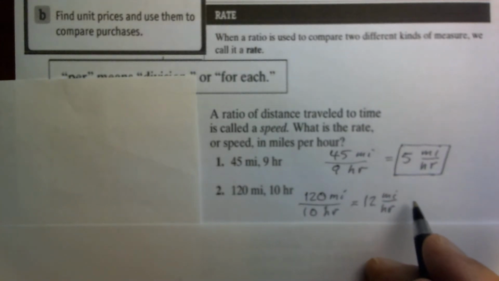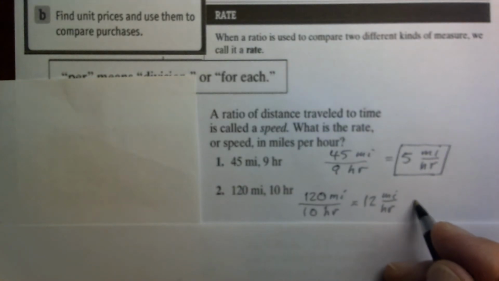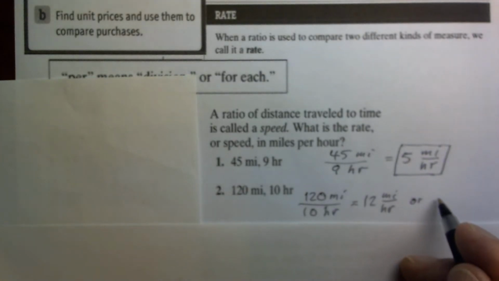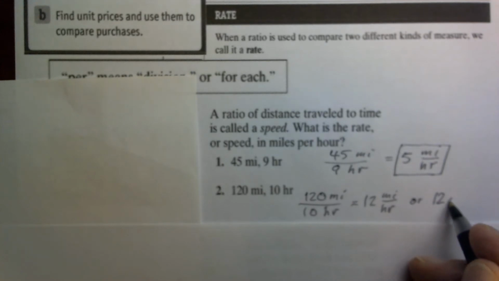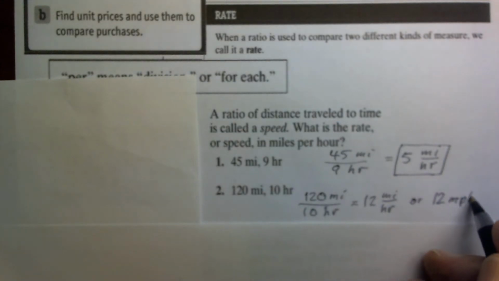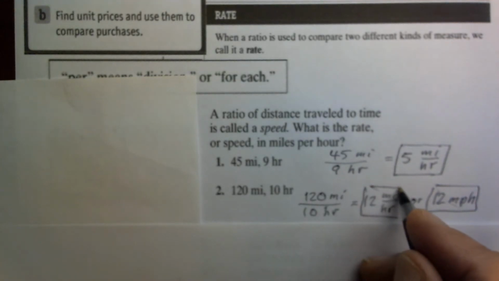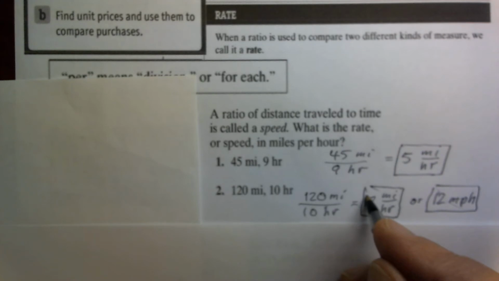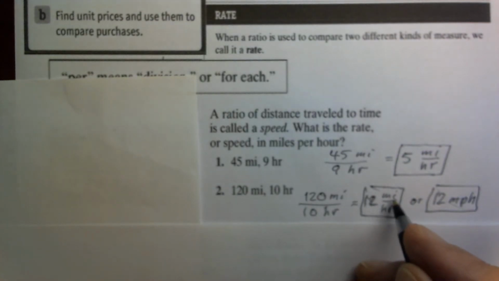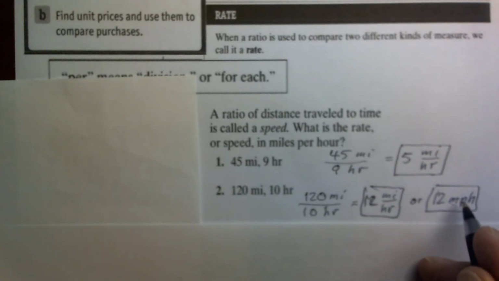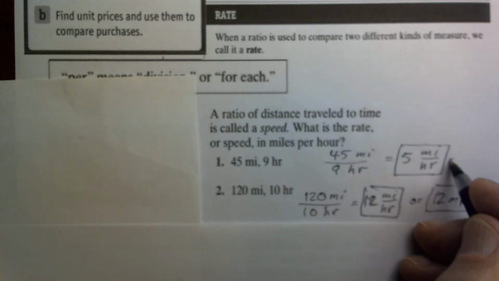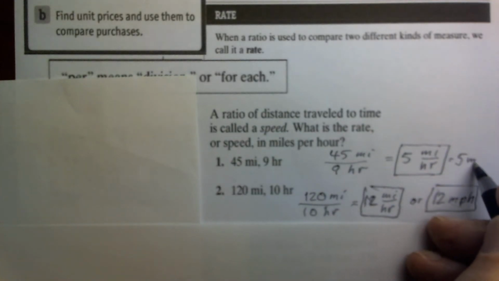Or we can also write it as 12 mph, miles per hour. So either way, it's acceptable, as long as the answer is correct. We can write it as miles per hour or mph. Similarly here, there would be 5 miles per hour.